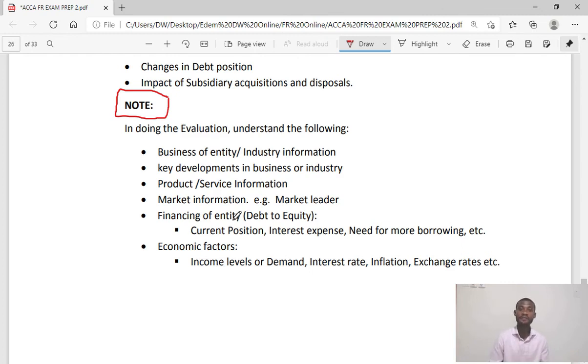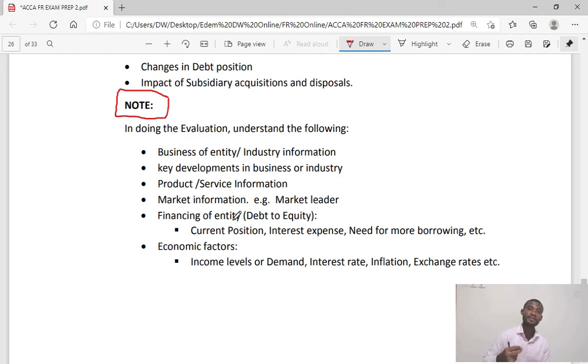What is the general inflation rate like? What is the exchange rate? Most often this information will be in the background, in the introduction to the question. So you'll be able to pick out some of this industry information, entity information, or economic variables from the introduction.